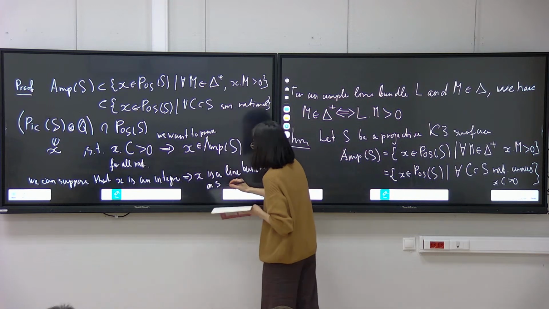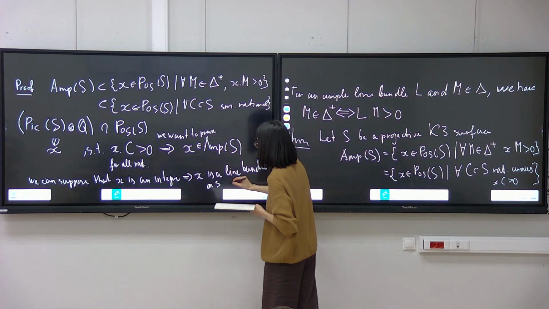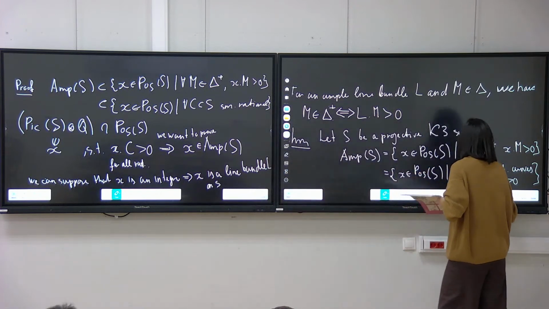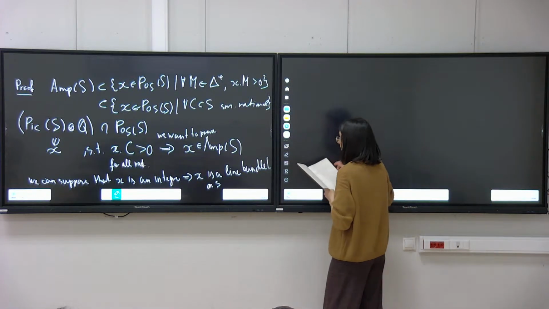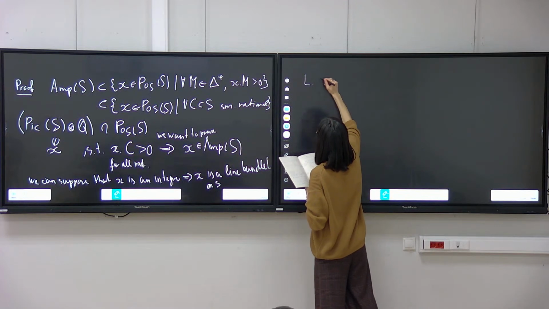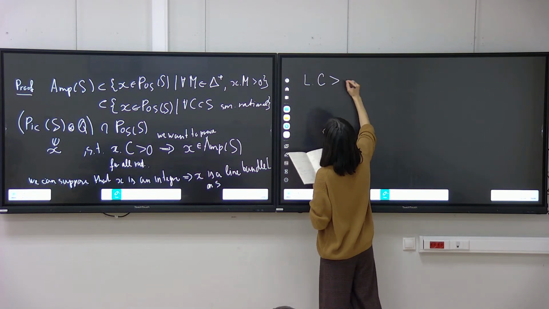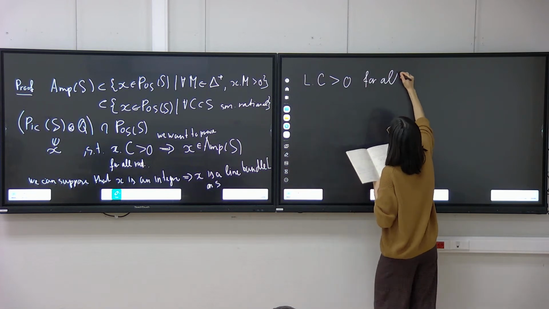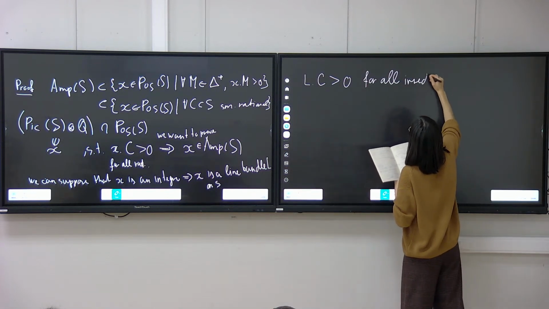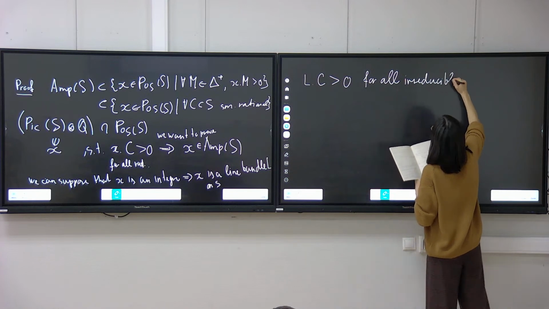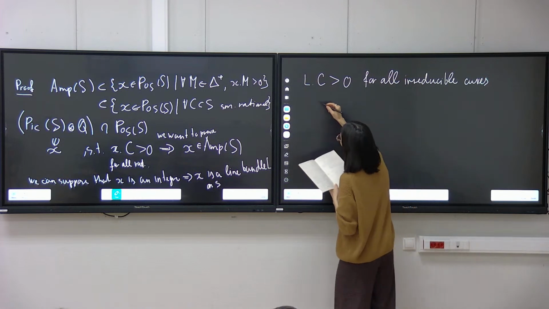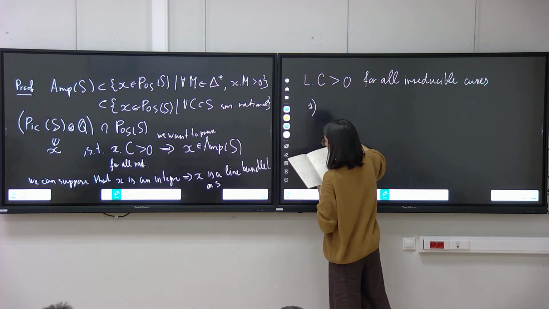On S we can denote it by L, a line bundle L on S. So what we want to prove is that L·C is positive for all irreducible curves. And so there are two cases.